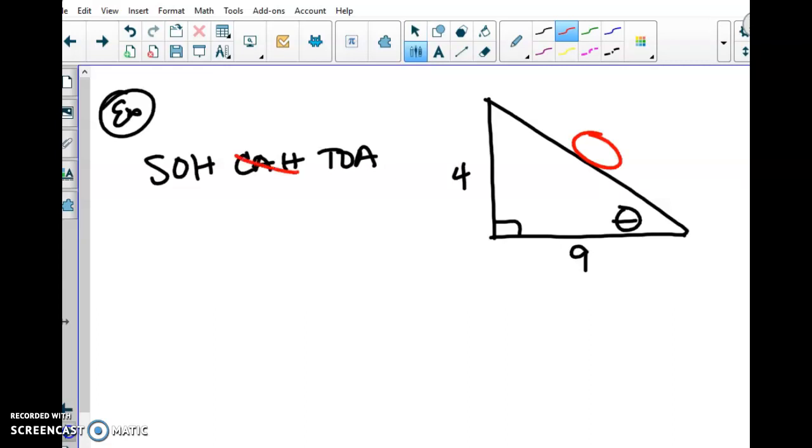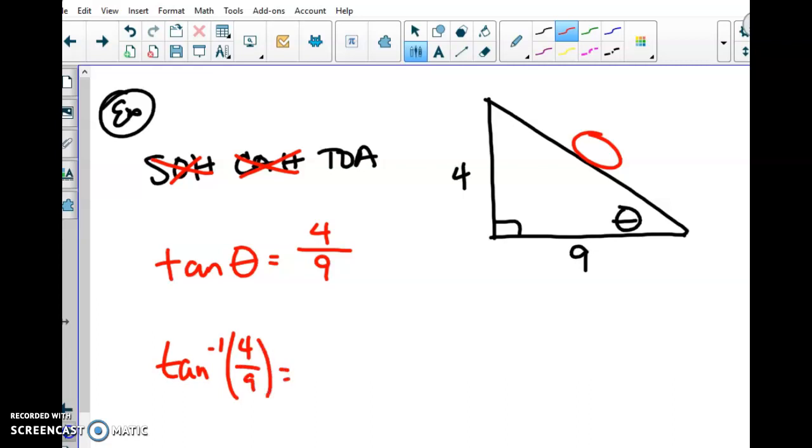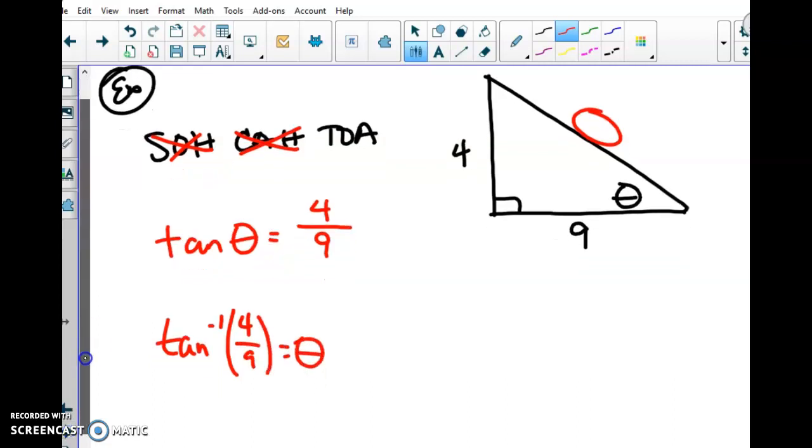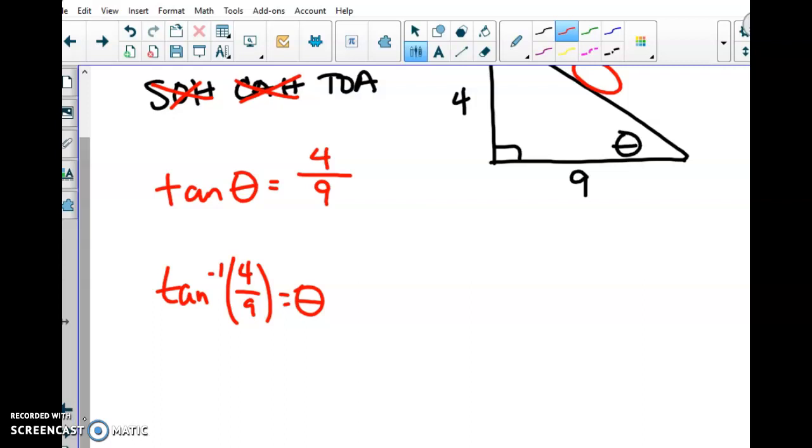So, by default, cosine and sine are gone. So we have tangent of theta equals 4 over 9. Since we're looking for that angle measure, we're going to use tangent to the power of -1 of 4 over 9 to equal theta. On your calculator, make sure you're in the mode that you want. I'm going to be in degree mode for this.